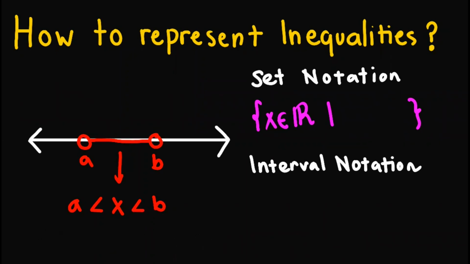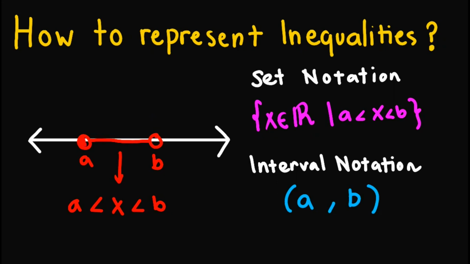So to represent it in set notation, we'll simply again copy it. So we'll have here x is between A and B, and for interval notation, again, since these two are hollow, or there are holes, we represent it as A to B, like that.